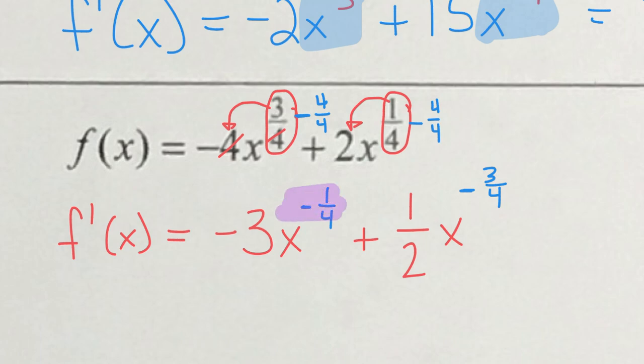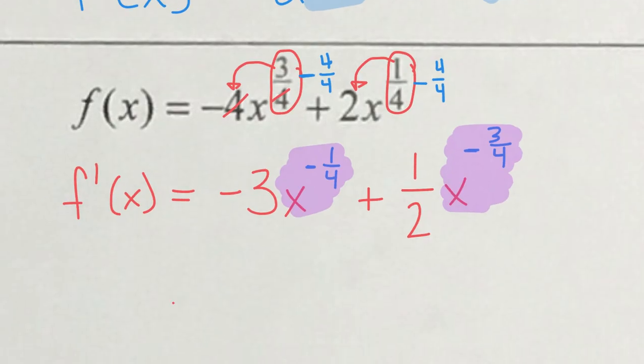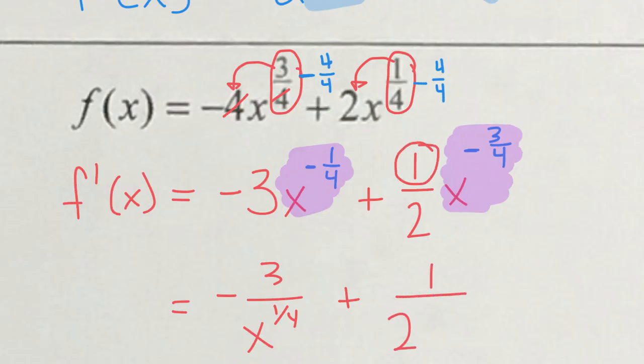Okay, so I have to once again deal with my negative powers. So hopefully you're getting a good idea of what to do with negative powers. They go into the denominator as a positive power, so x to the positive 1/4 plus, so here we have a numerator of 1 and a denominator of 2. So the 2 is going to go in the denominator with your x.